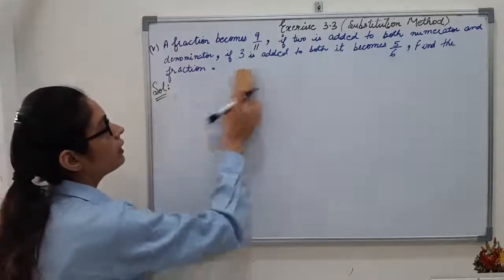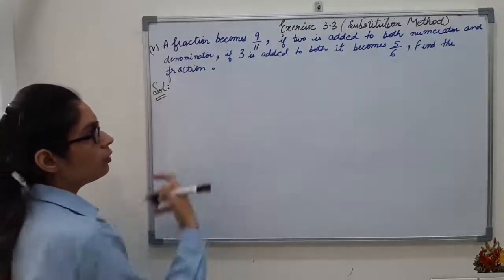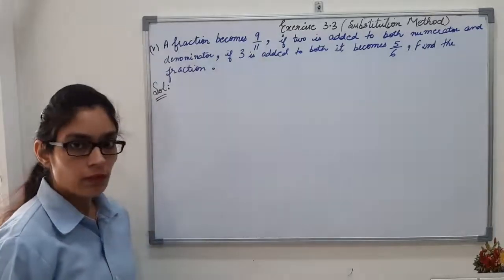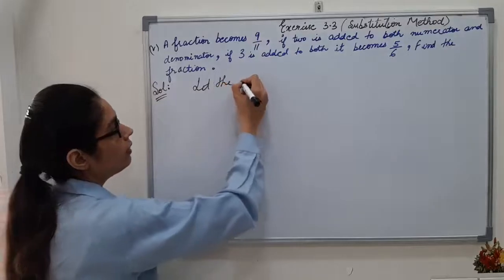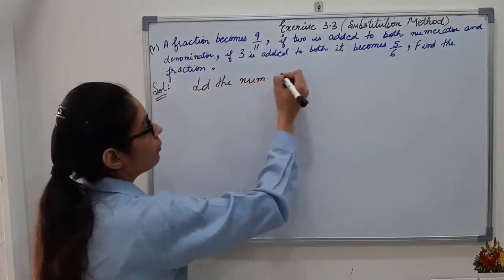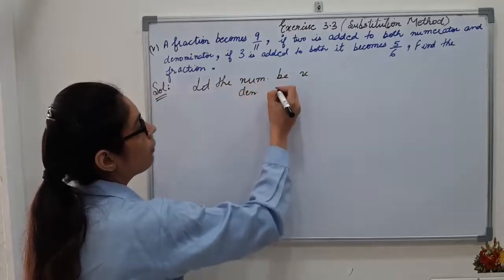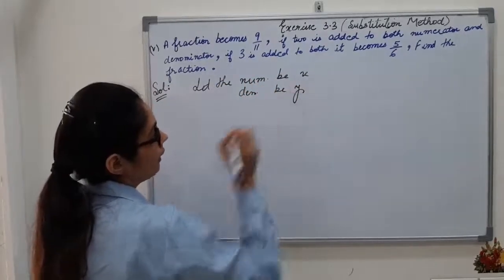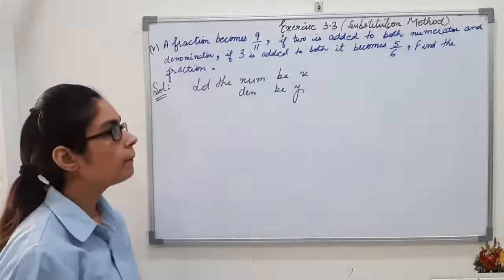Upper one is numerator and lower one is denominator. So now I get the idea of which thing we have to assume. We have to assume numerator and denominator. So let the numerator be x and the denominator be y. Two things we have assumed. So the first part has been done.